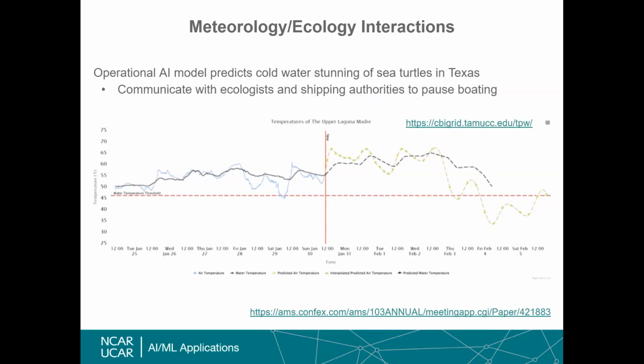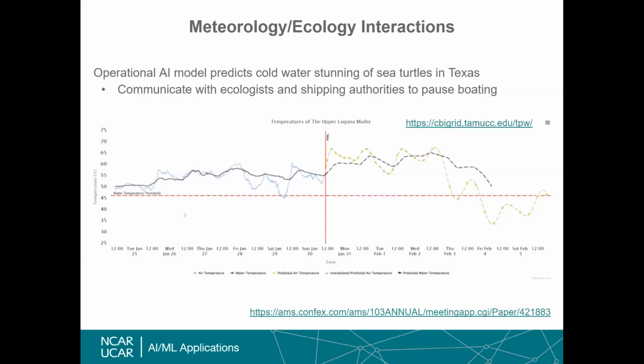And what stunning of sea turtles is, when the water gets too cold and they get a bit hypothermic. They get slow. They aren't able to avoid boats. They aren't able to avoid predators as much, and so you get a high mortality rate in the sea turtles.